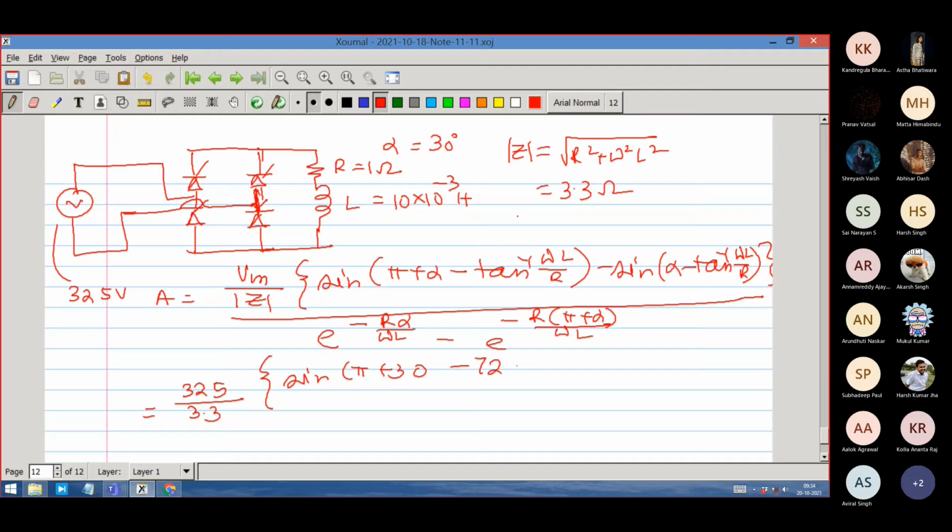Tan inverse omega L by R is 72.343 degrees.